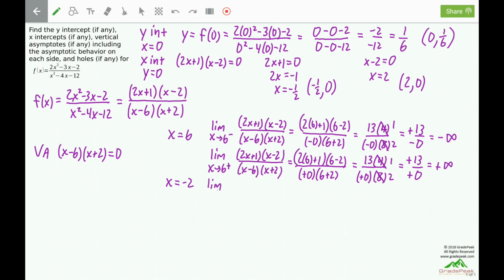We now can work out the asymptotic behavior around the x equals negative 2 vertical asymptote by analyzing the left-sided and right-sided limits.